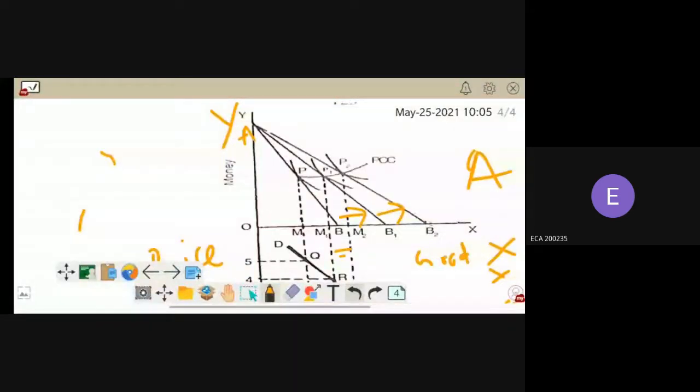That's why the budget line shifts from OB to OB1 and further to OB2.